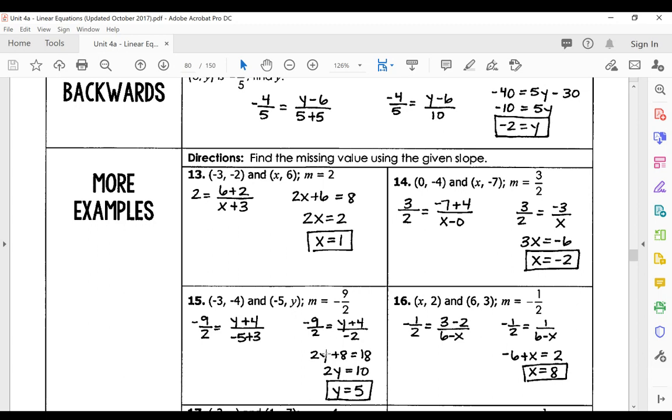And 2 times y plus 4 is 2y plus 8. Don't forget, you multiply the 2 times the y and you multiply the 2 times the 4. So we get the equation 2y plus 8 equals 18, and we're ready to solve. We subtract 8 from each side to obtain 2y equals 10, and we divide both sides by 2 to obtain that y equals 5.